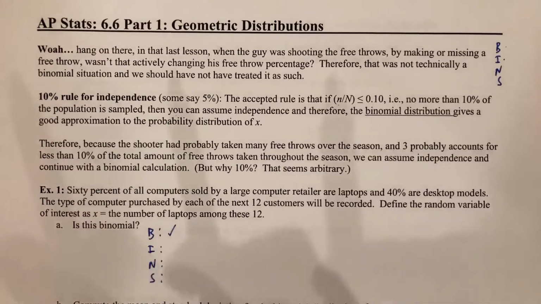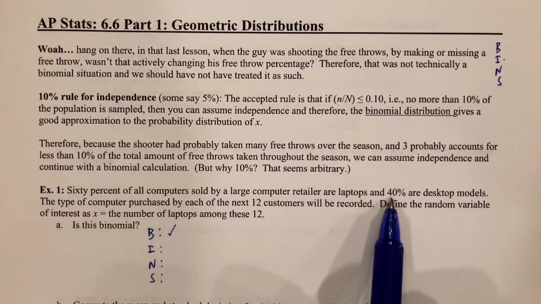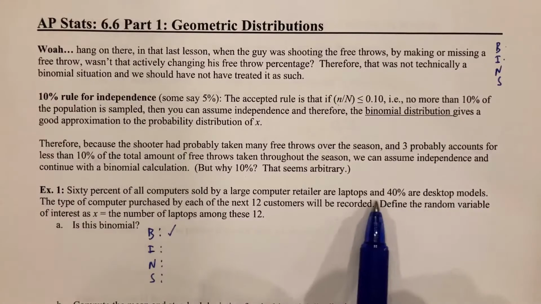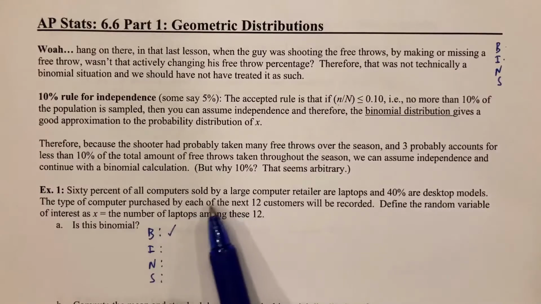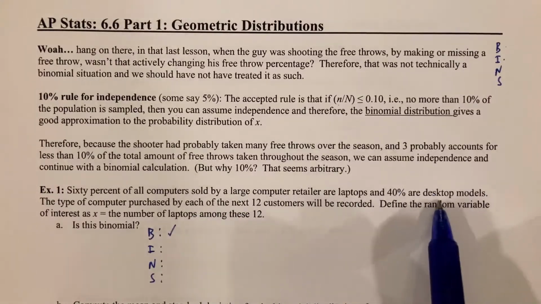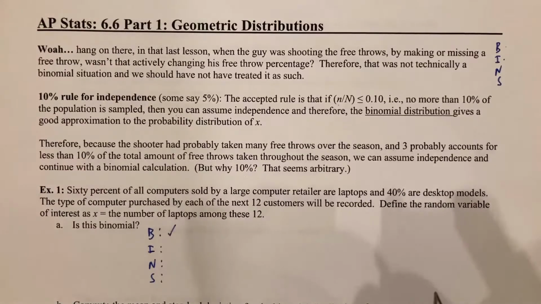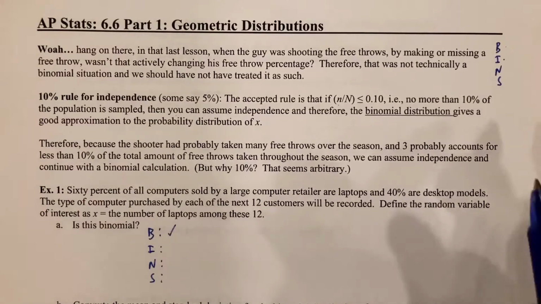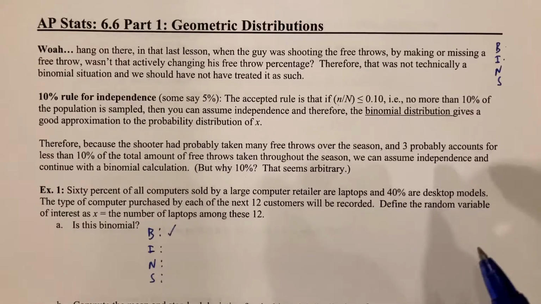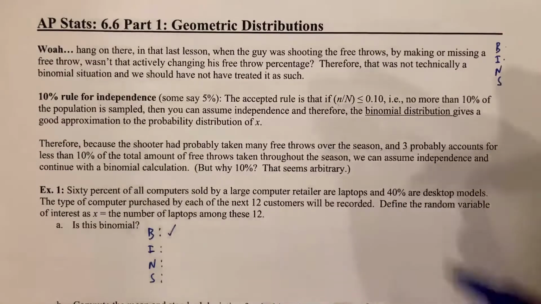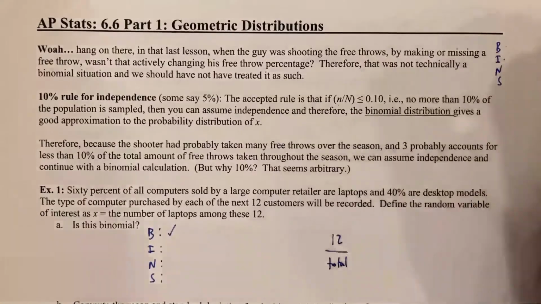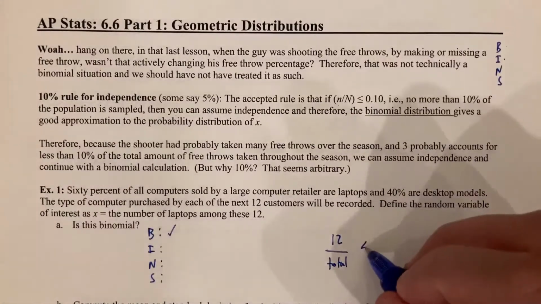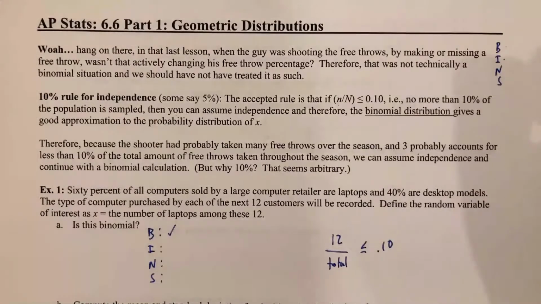Independent. It says that 60% are laptops and 40% are desktops, so this probability is assumed not to change regardless of how you pick. And we're going to assume that 12 divided by the total number of computers sold is less than 10%. So that's a bit of an assumption right there, isn't it?